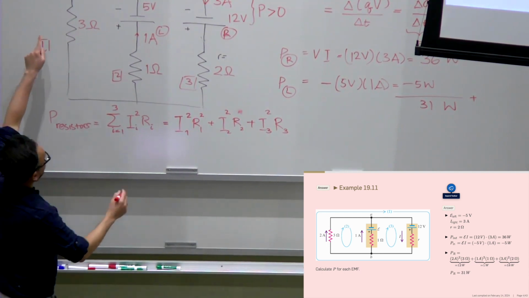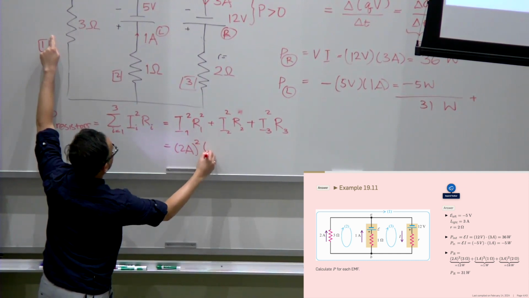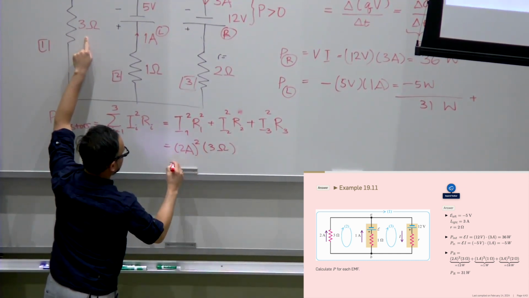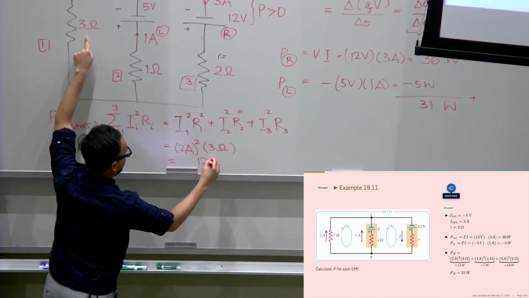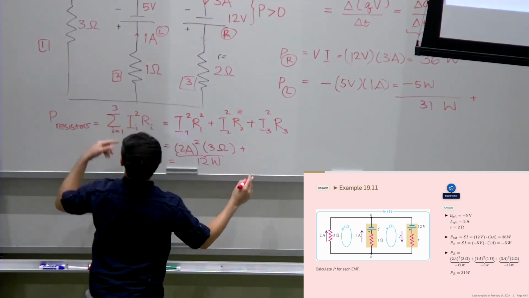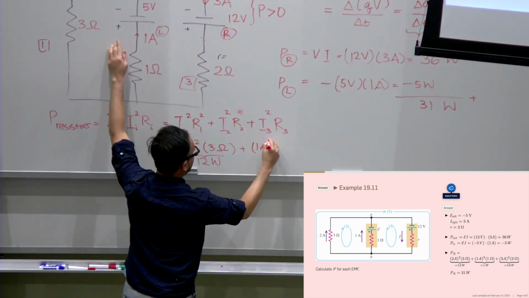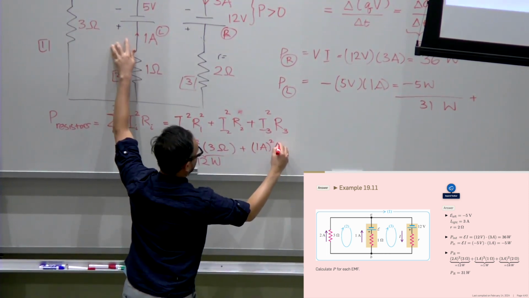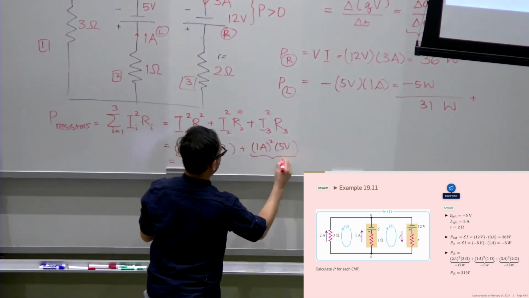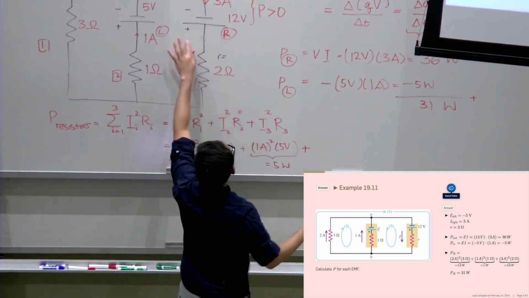I1 square is basically 2 amps square, which is 4, times R1, 3 ohms. This one is equal to 12 watts. And then the second term is 1 amp square times 5 ohms, which is 5 watts. And then the last one, what is the last one?